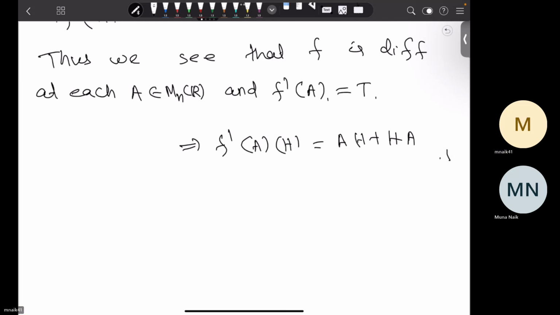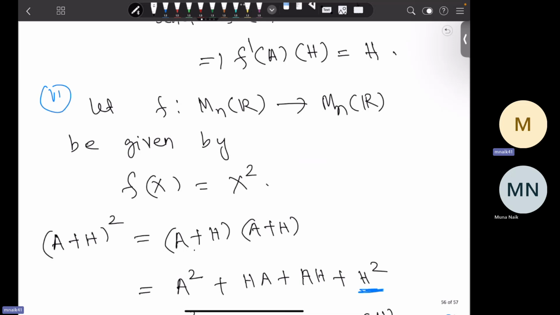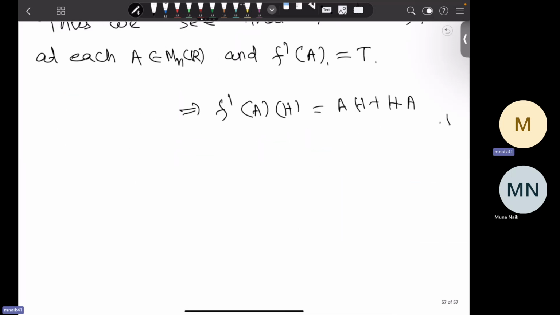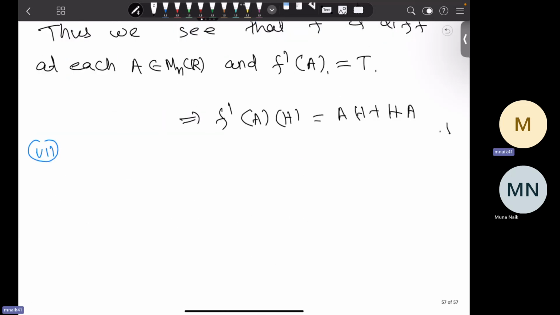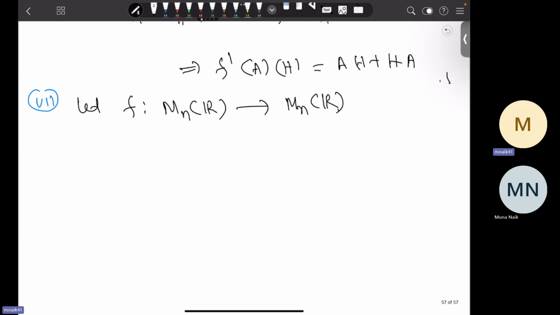Let us look at another example: let f from M_n(R) to M_n(R) be given by f(x) = x cubed.